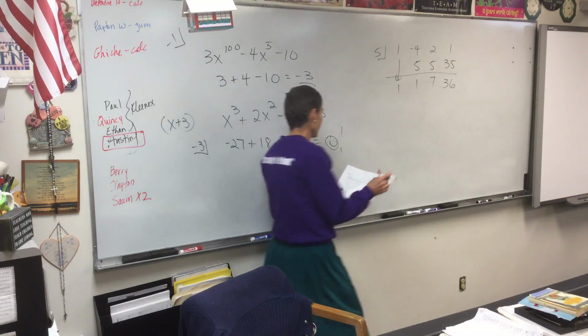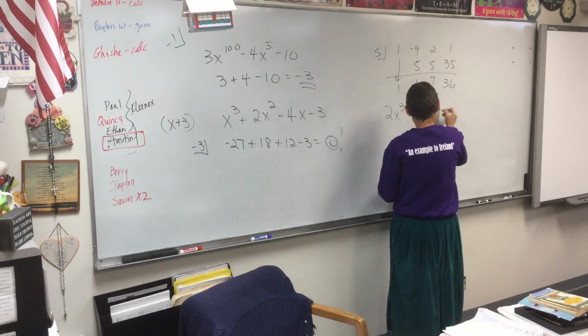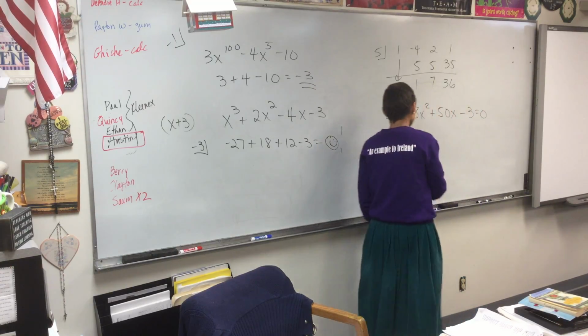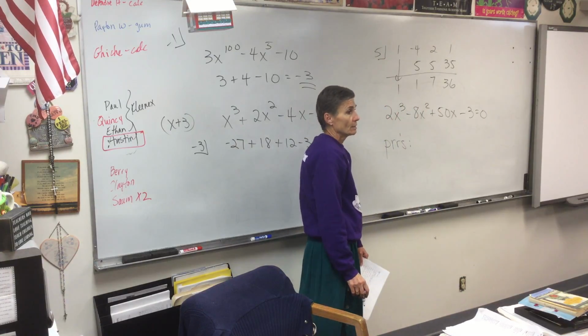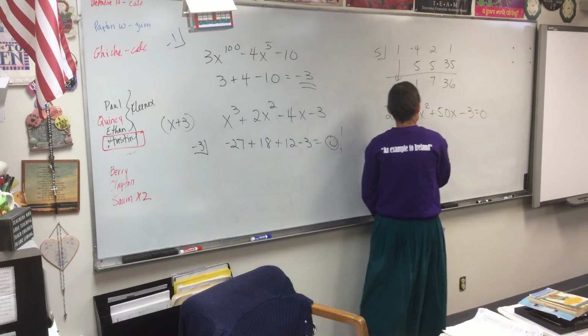List all the possible rational roots. Now, it doesn't say you're doing anything with them. It just says list them. The possible rational roots would be factors of 3.